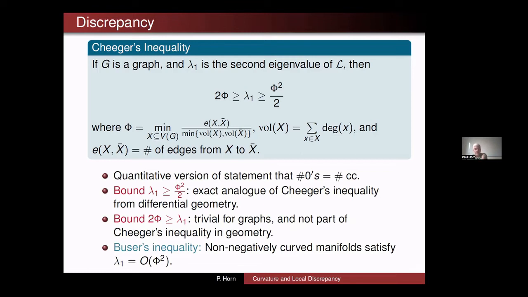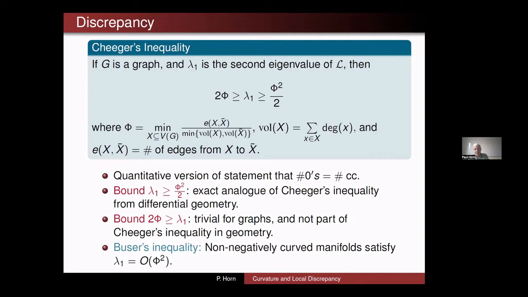But the main thing that it says is that if you have a non-negatively curved manifold, then actually the lower bound of Cheeger inequality is tight. That you'll get both upper and lower bounds of this form of phi squared for non-negatively curved manifolds.